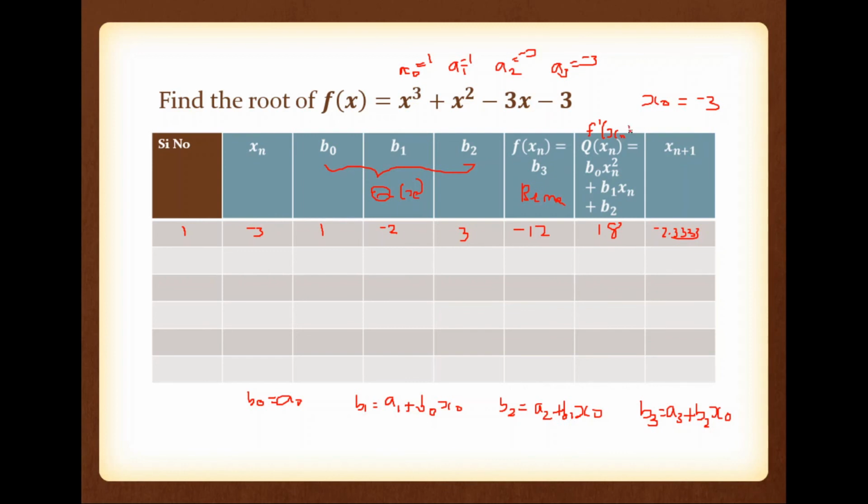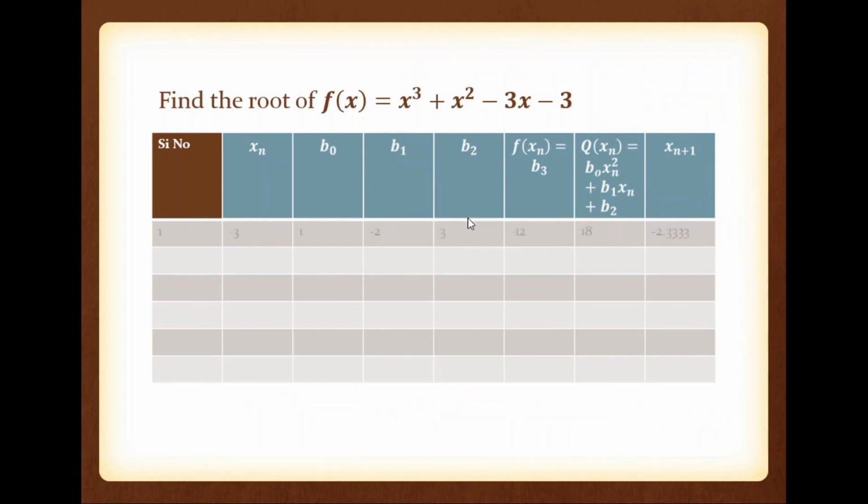So xn plus 1 is equal to xn minus f of xn divided by f dash of xn. So that is minus 2.3333. Okay, so this is the first iteration.